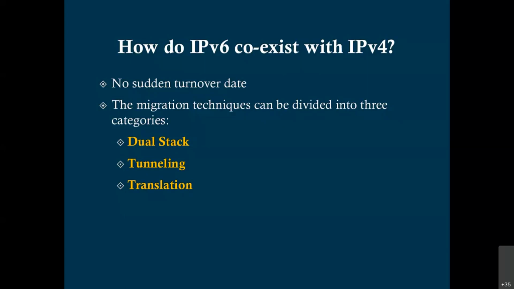And to help with this migration, because on the internet there will be organizations using IPv4 and organizations using IPv6, how can they communicate with you? So there are many migration techniques, and these can be divided into three categories. One is dual stack, another is tunneling, and the other is translation.